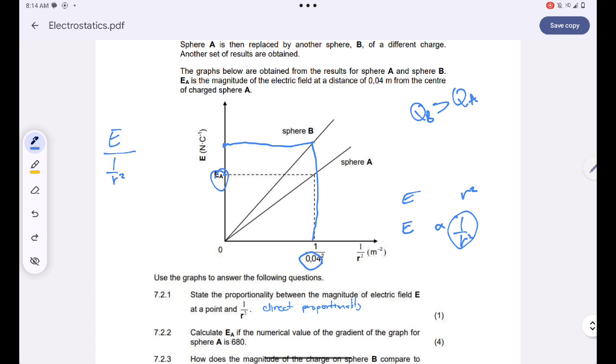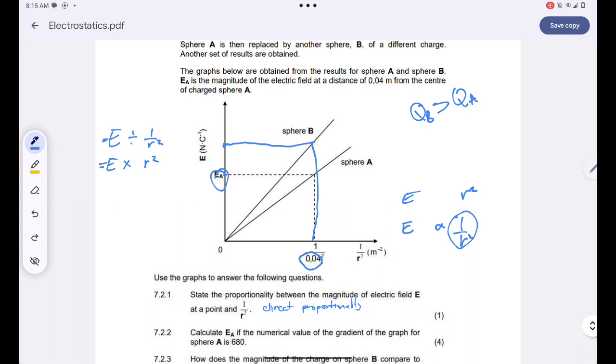Are you together? Which can be rewritten as E multiplied by R squared. If I change from divide to multiply, that means I must flip the term on the right hand side. Are you together?